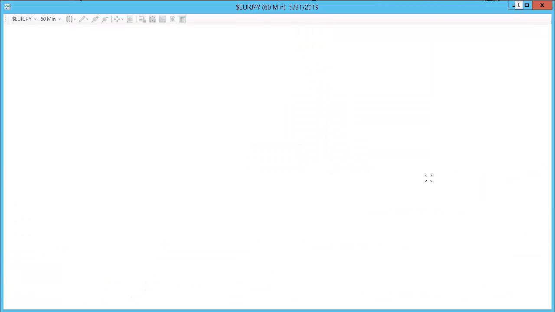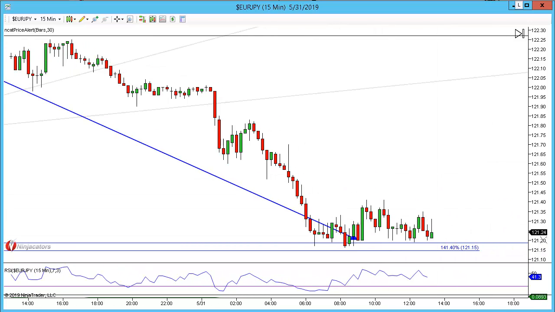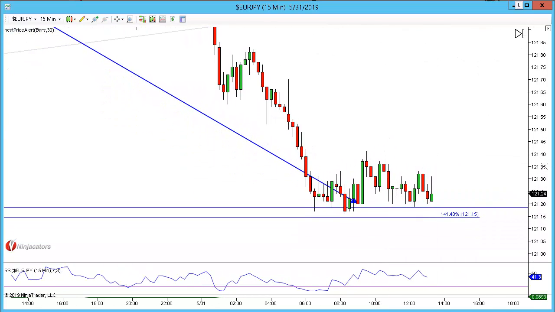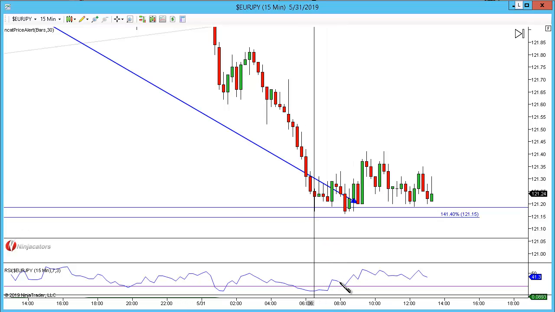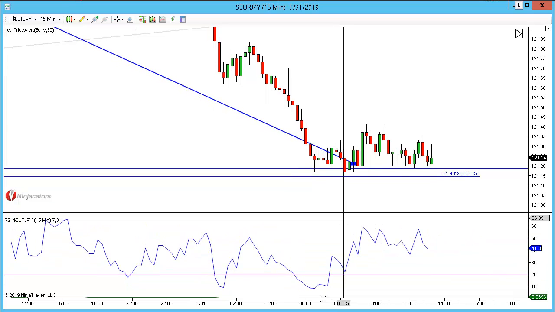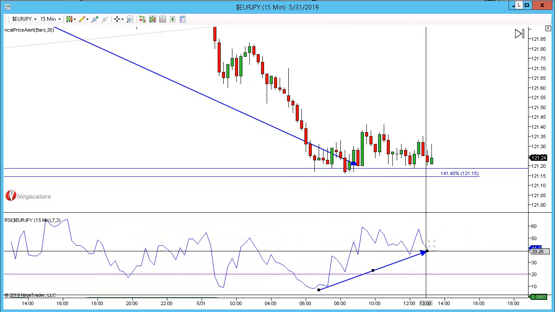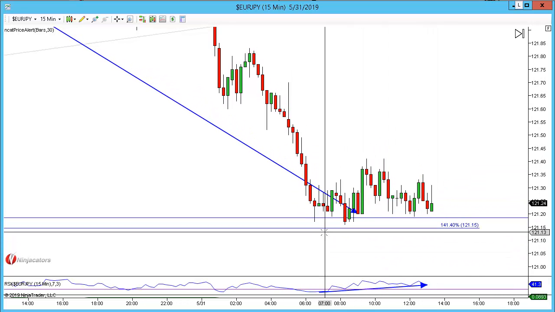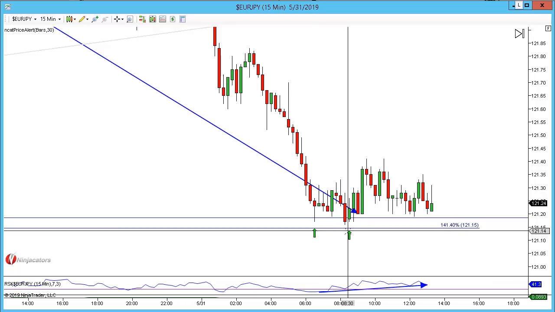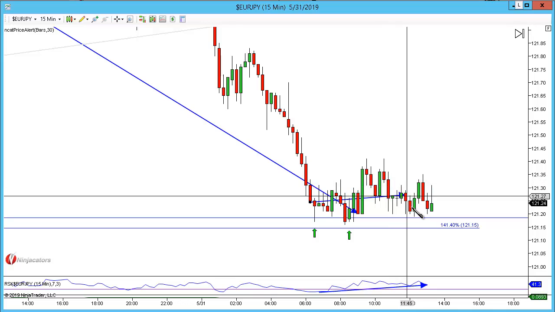Let's drop to the 15, and we already have a valid double bottom opportunity just here. So the RSI went oversold just here ridiculously at 7 with a huge amount of divergence. We then had a confirmed break above, close above, and a pullback.